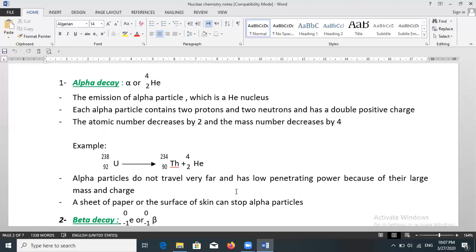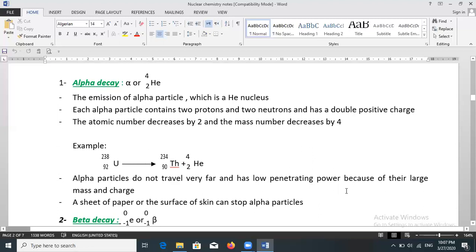If something has moderate penetration power, it may have one of the two things, mass or charge. If something has low penetration power, it has both mass and charge. That's why alpha radiation, which has both mass and charge, has low penetration power.